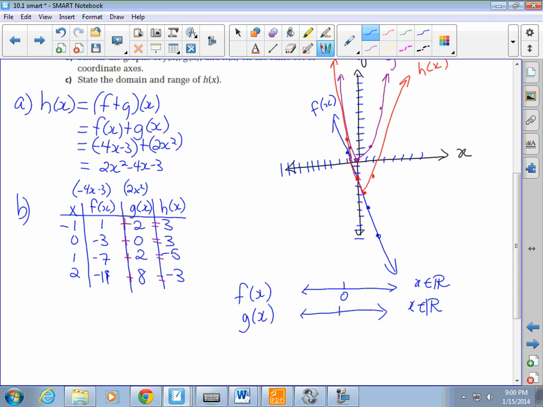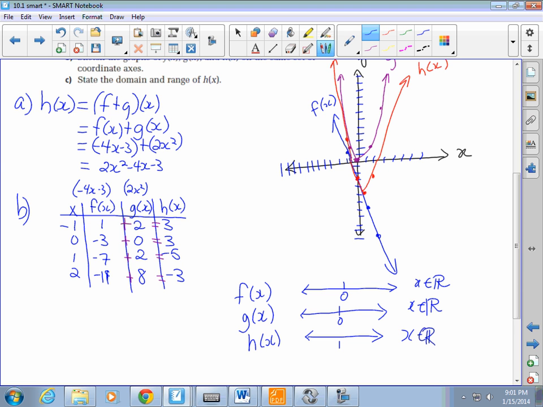My h of x graph, I could do the same thing. I could have gone any positive and any negative value. So they all have the same thing in common. So my domain for my new function h of x would be x is an element of real numbers, and it just so happens for this one, it works out the same.